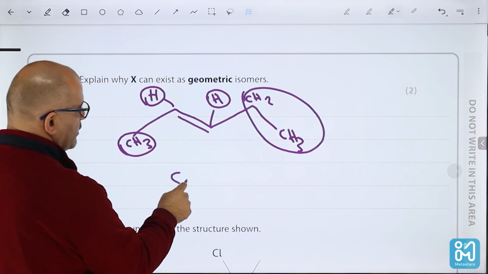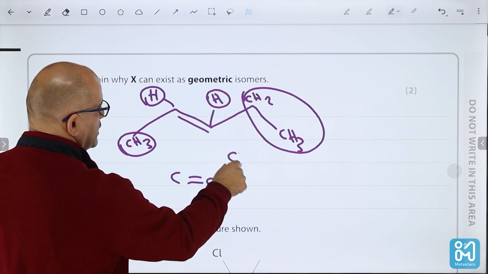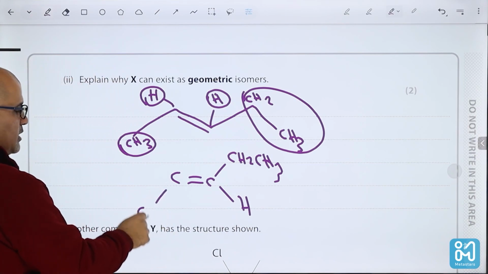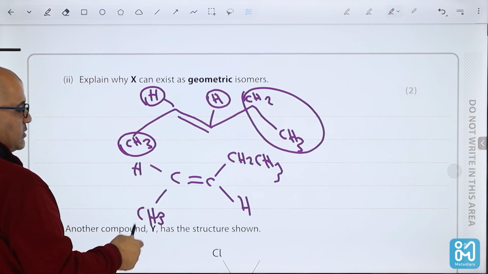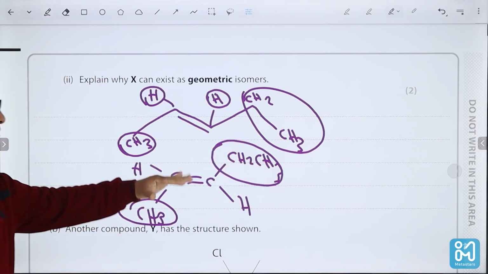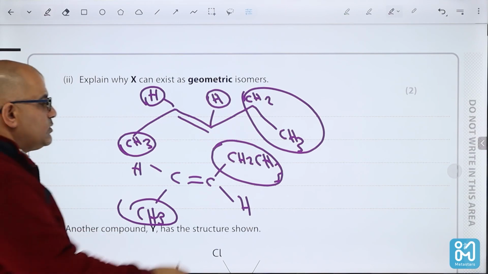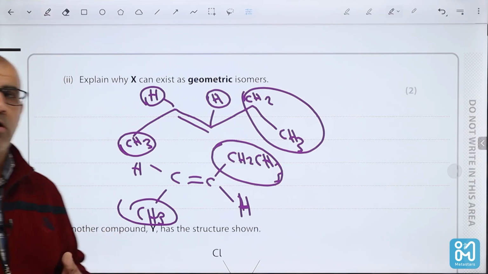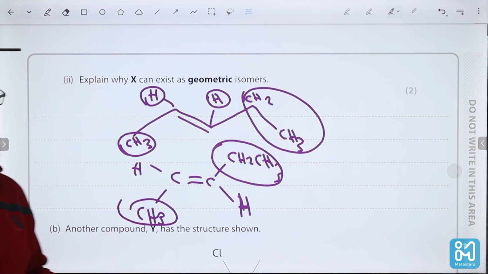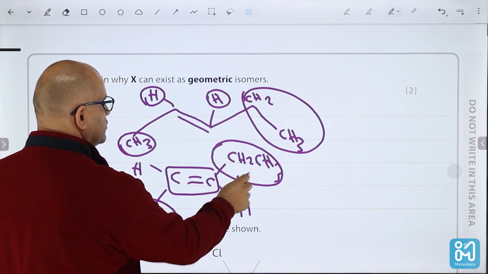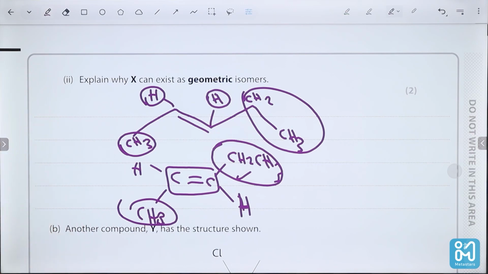So you can convert this structure like that, where CH2CH3, and here you have H, and here CH3 and H. You can see that you have 2 different substituents around each carbon. So the restriction of rotation around the double bond is clear. Since each carbon of the carbon-carbon double bond has 2 different substituents, this means that they are geometric isomers.